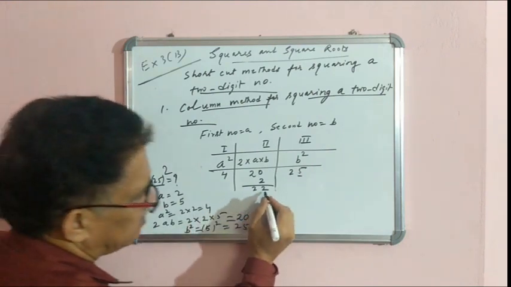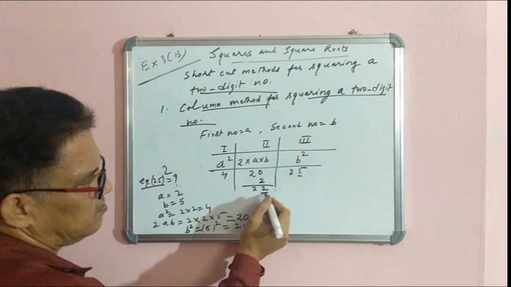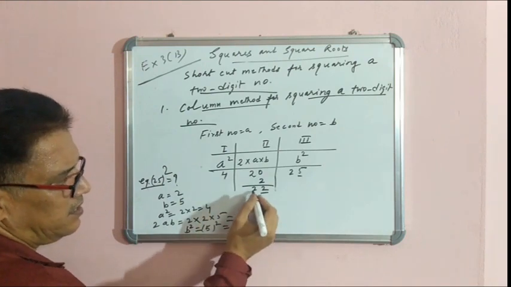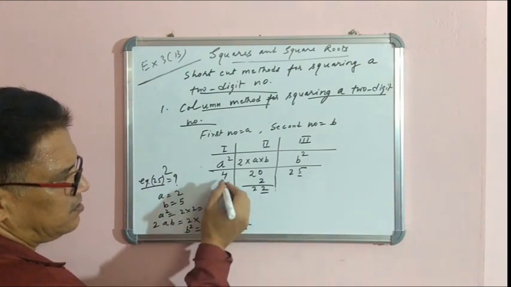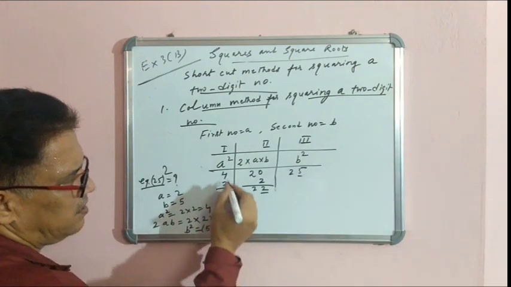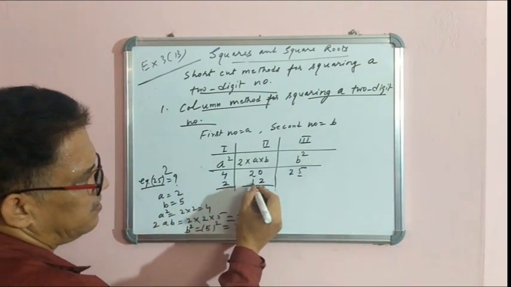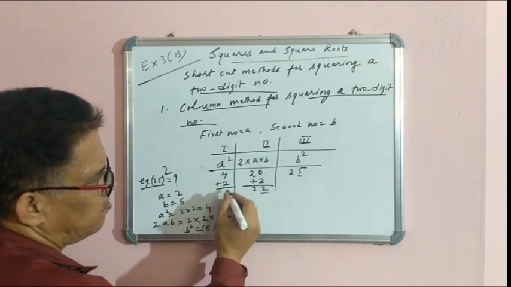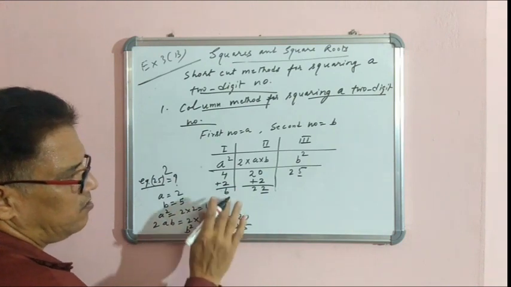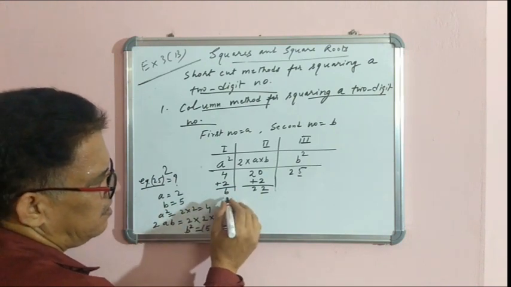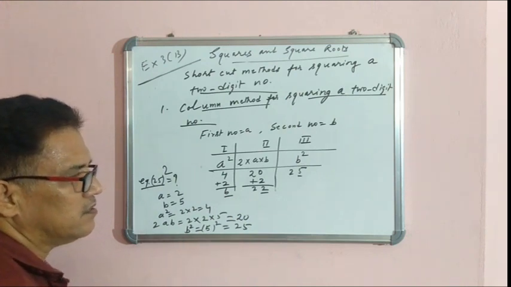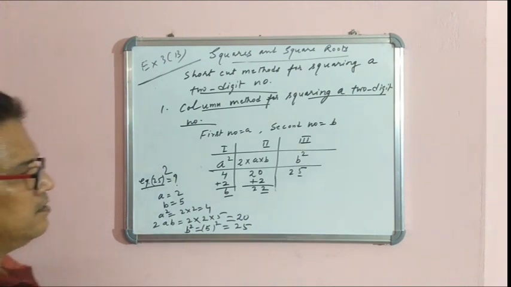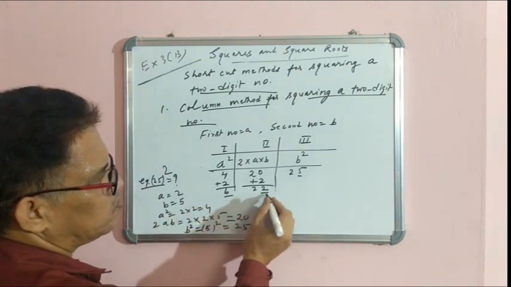So again underline the units place, that is the right one digit. Then 2 is left over here. We will take this 2 and add: 4 plus 2, that is 6. Now here only one digit is there, so we underline this one. Then 6, 2, 5.